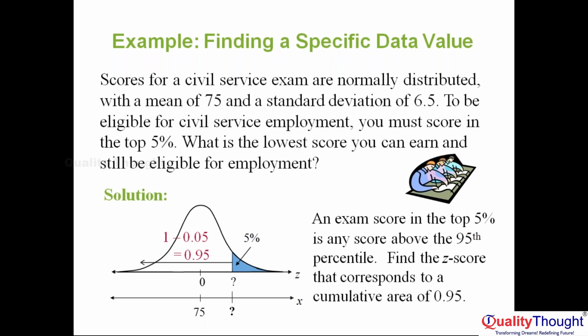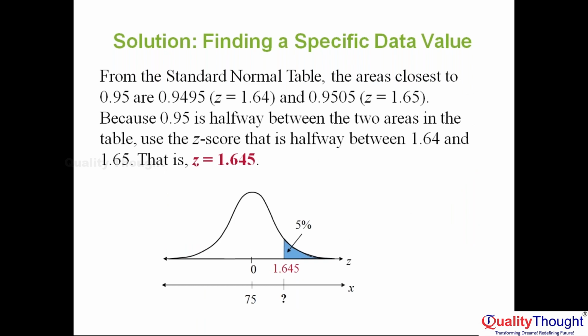Means you need to say 1 minus 0.05, which is going to be 0.95. You need to identify the z-scores for the 0.95. Okay, you don't get the 0.95 directly. You will get 0.9495 and 0.9505. You need to take the average of the z-scores, which is 1.64 and 1.65.